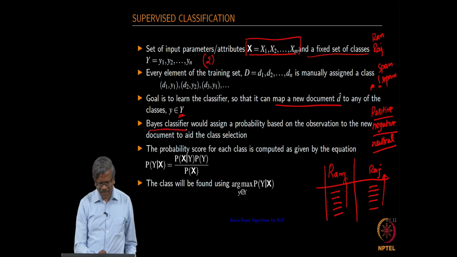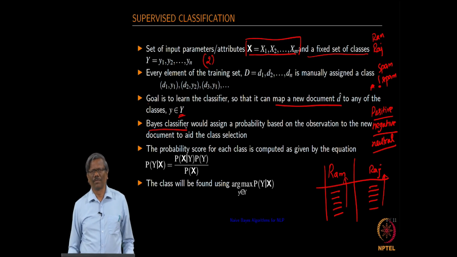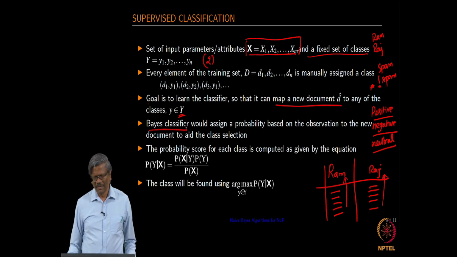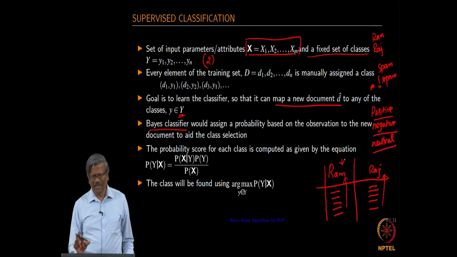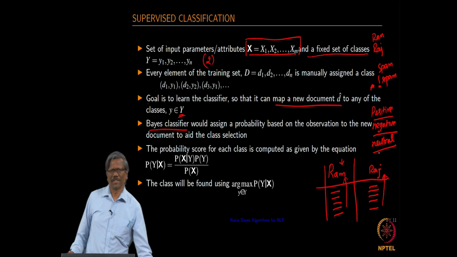So, in this case we are going to assign a probability to each of the classes. We need to find out what is the probability of that particular document belonging to Ram or Raj, and then based on the values we are going to pick whether it belongs to the class Ram or Raj. Okay.